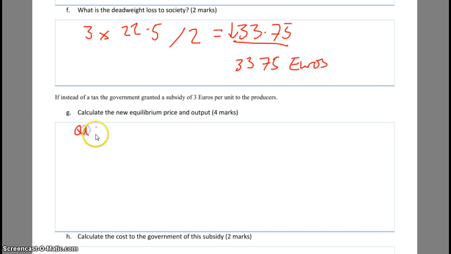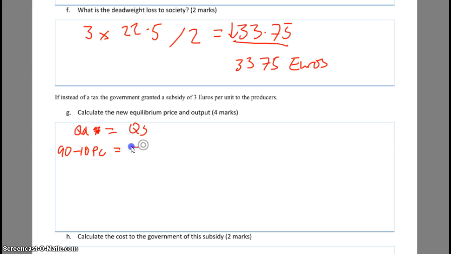So quantity demanded equals quantity supplied. So we've got 90 minus 10 PC, okay, because now we've got a consumer price because we're doing subsidies. So we just change that to PC because demand is all about consumer demand and supply is all about how much the producer supplies.